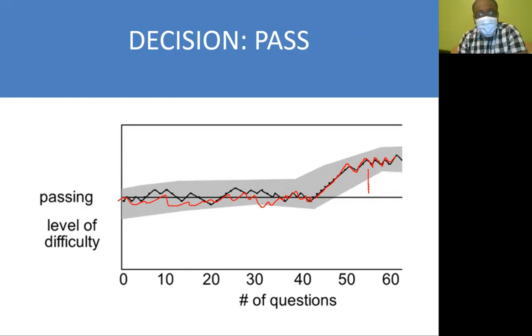You know, there are no set points after 60, which is a minimum. So the exam could choose to go off at this point, and this would be a pass. Again, it could go further than this. There's no set point after 60. If the exam was to go off at this point, it's well above the passing line, and the decision would be a pass.